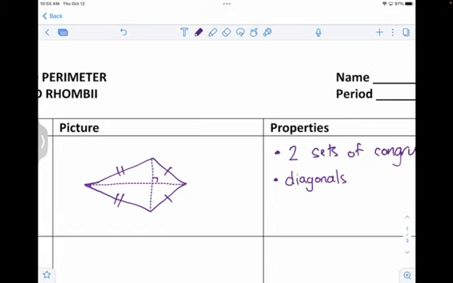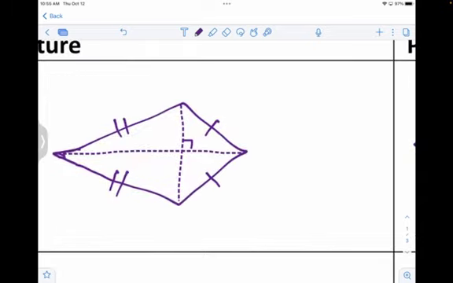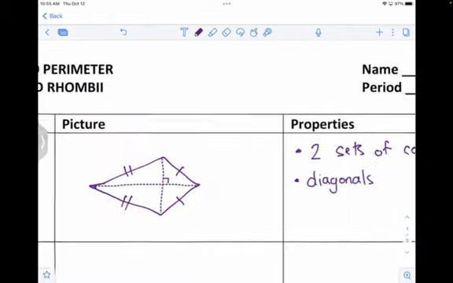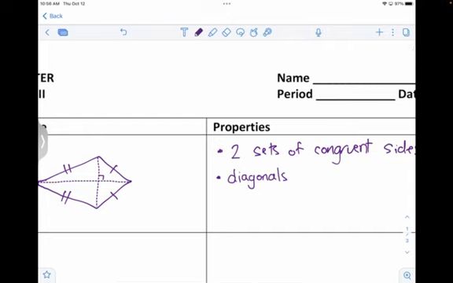These dotted lines are called diagonals. It's like across the shape, right? That's what diagonal means, it goes across it. So these two diagonals, what do we know about them? What did I add to the picture? The right angle, right? So the diagonals are perpendicular. That's what perpendicular means. It means they make a right angle.